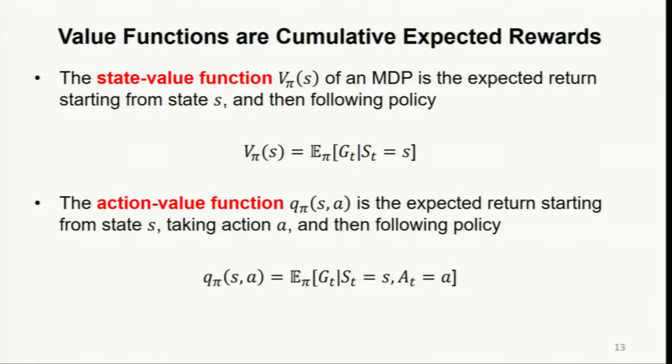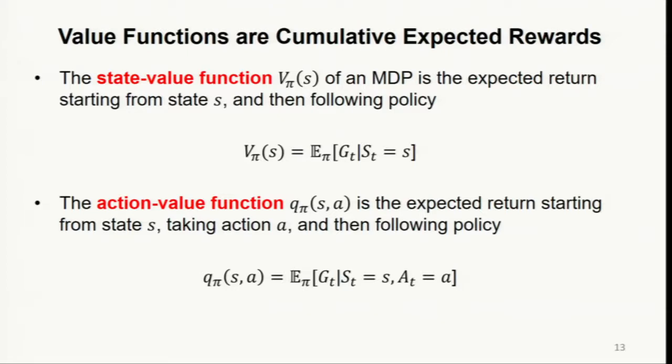Of MDP, it is the expected return starting from state S and following the policy. If you're in a state right now and you follow the policy, you just keep evolving and then see what is the value of this state. Then if you can give me the value of a state, when you evolve into a particular state, immediately you know how good this state is.